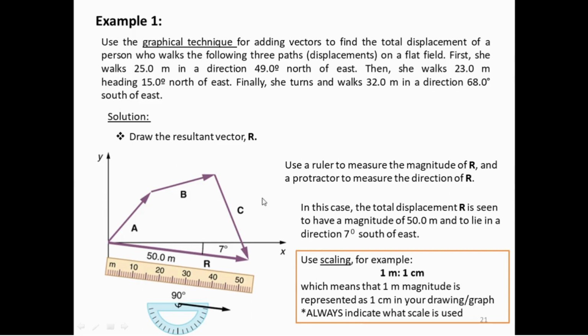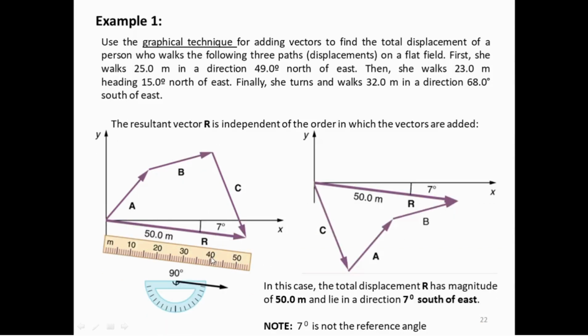And when using the graphical method, you should always indicate what scale you are using when drawing the polygon method. This is just another way of adding these three vectors. Say for example, you draw the vector C first, and then you add the vector A, and then you add the vector B, and get the resultant vector. It will give you exactly the same resultant vector as you can see here.